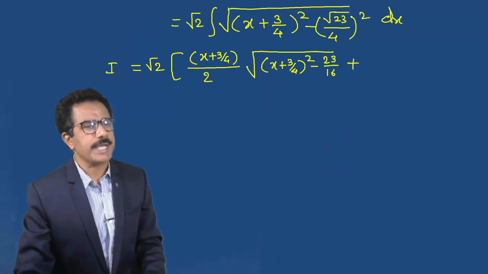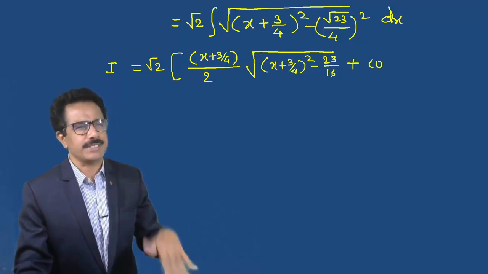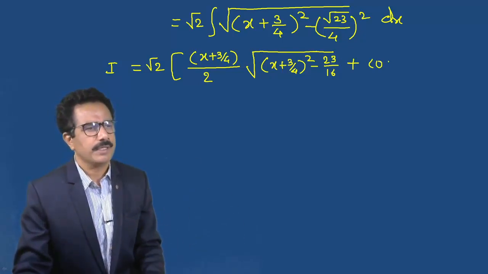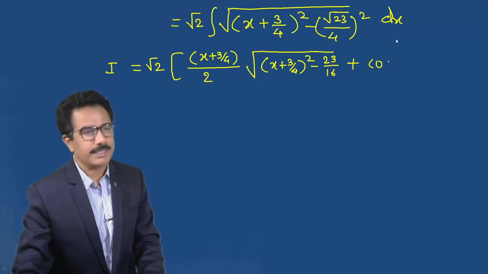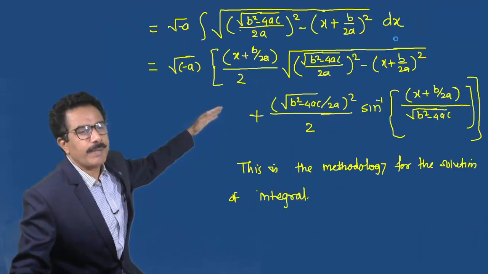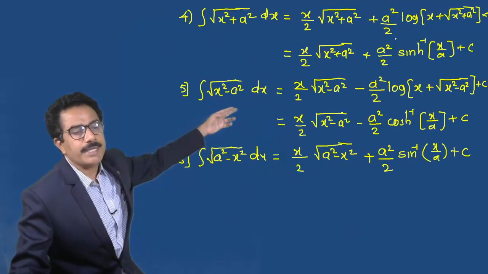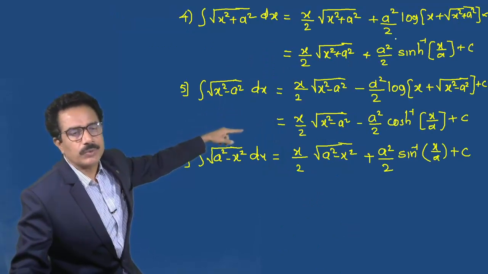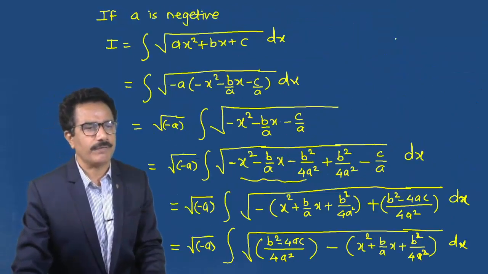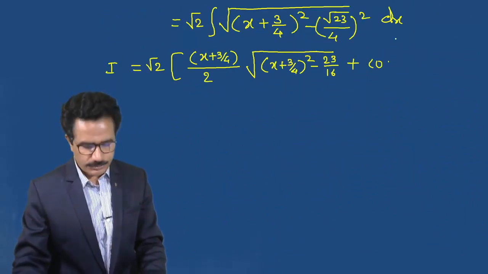See this, we have to use x square minus a square, then cosh inverse of x by a. We can write a square by 2. I forgot one thing here. Again a square by 2, see this formula, minus a square by 2 into cosh inverse of x by a.